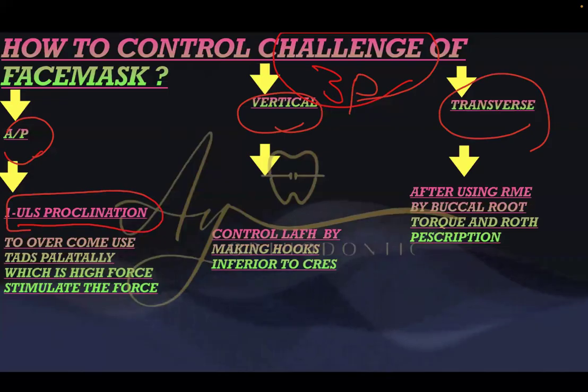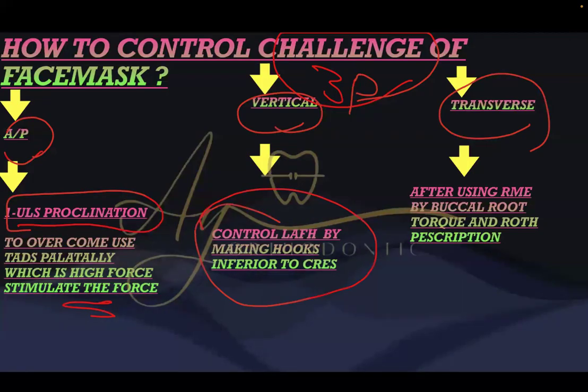How to overcome, as Rahim has mentioned, we need to use TADs palatally in the incisor region, to avoid the proclination that may happen, okay? Vertical, I need to control the lower anterior facial height, and this is how I can do it when I place the hooks inferior to the center of resistance.